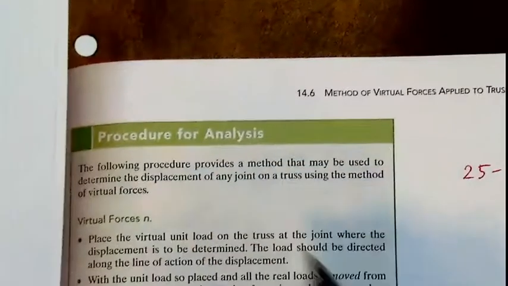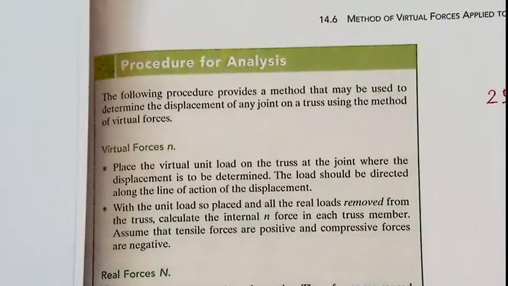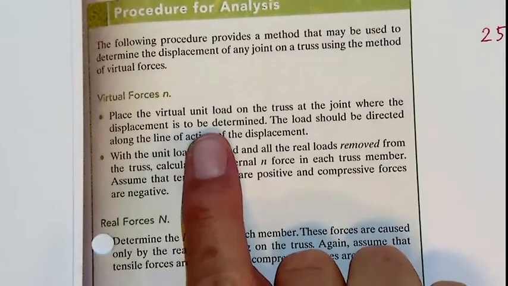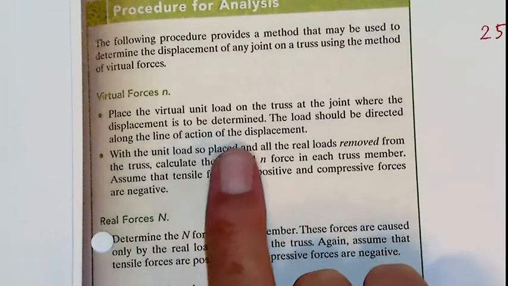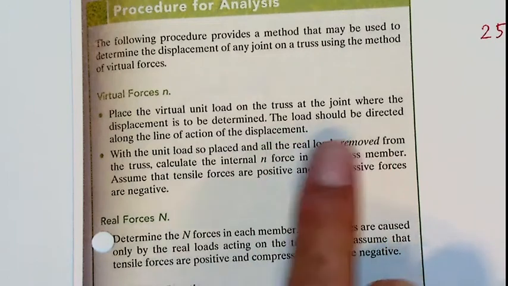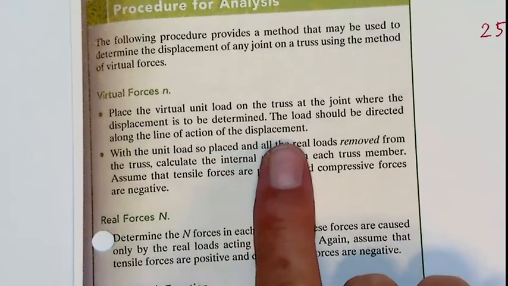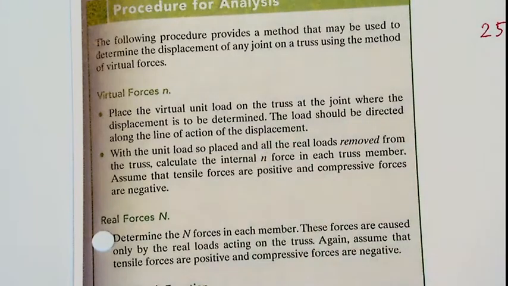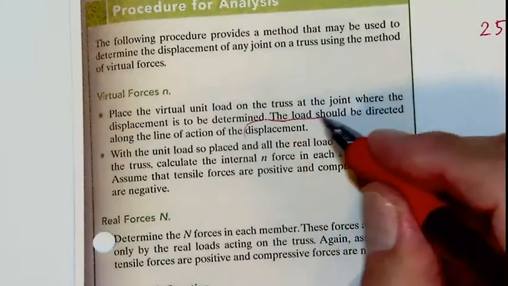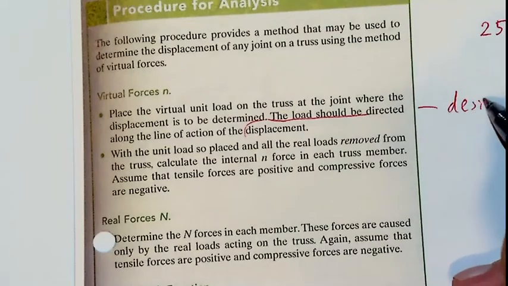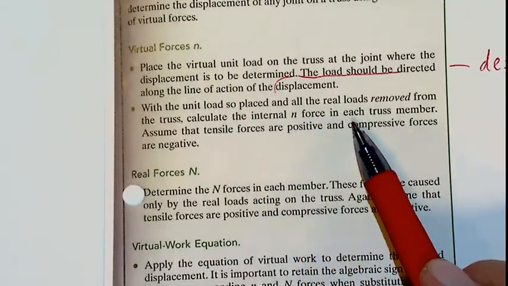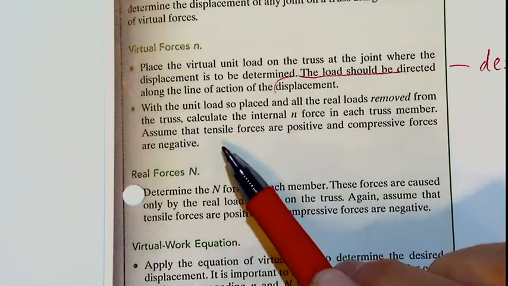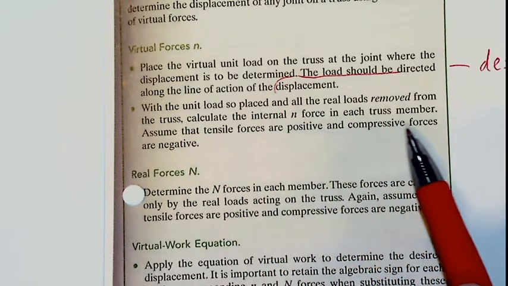Now, what is the procedure of analysis? Place the virtual unit load on the truss at the point where the displacement is to be determined. The load should be directed along the line of action of the desired displacement. With the unit load so placed and all the real loads removed from the truss, calculate the internal force n in each truss member.